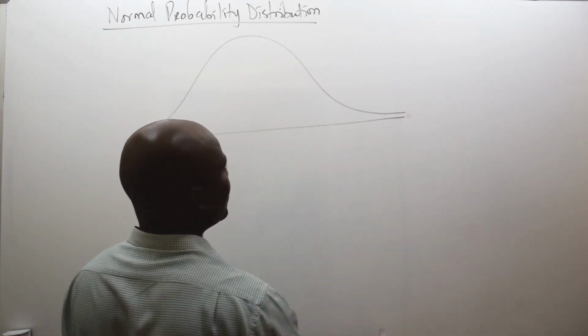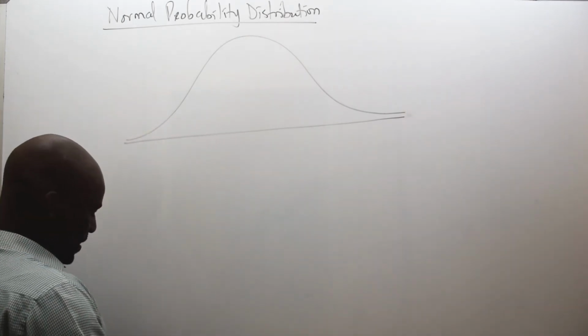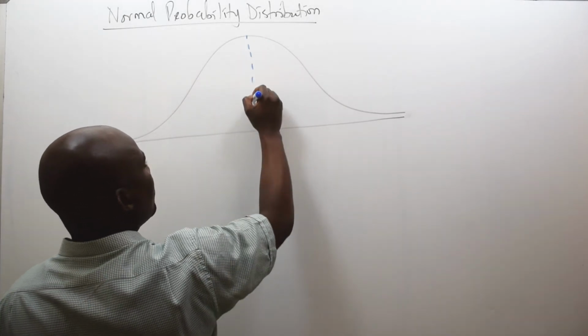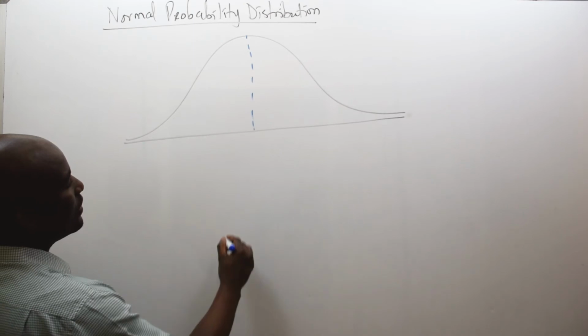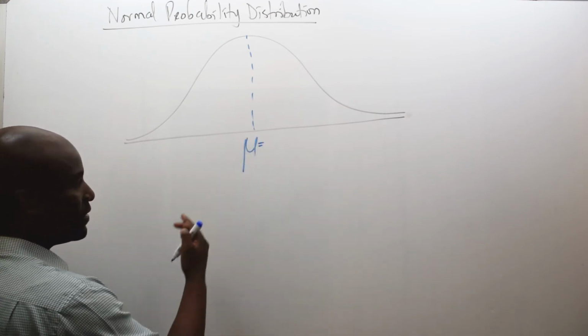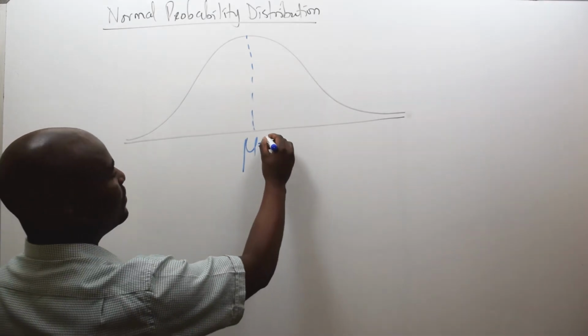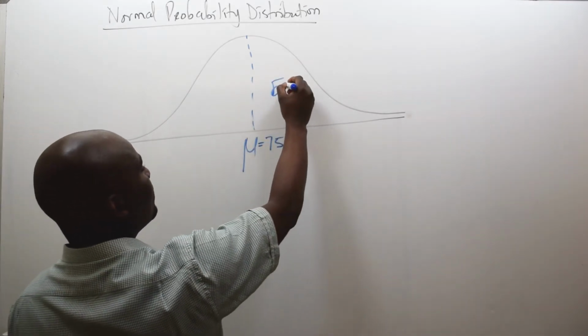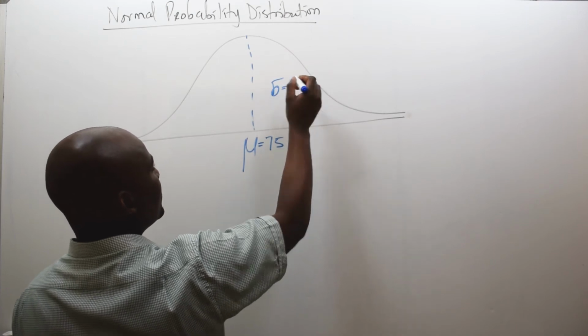We're going to say this is our mean, our average. So our mean is mu, and our mu in this case is 75 minutes, and we're told that sigma is equal to 15 minutes.